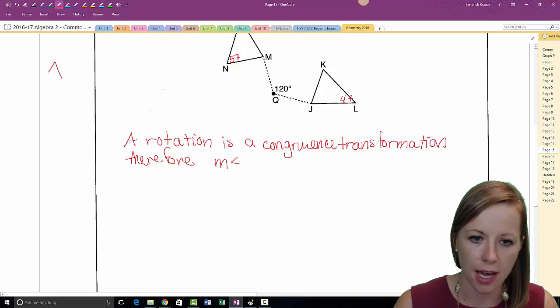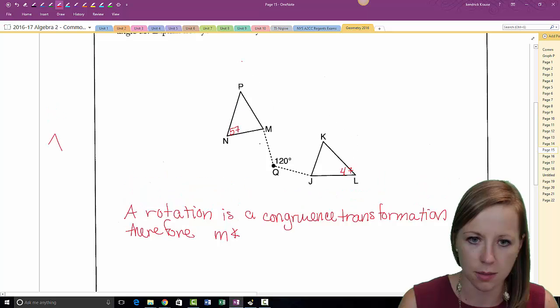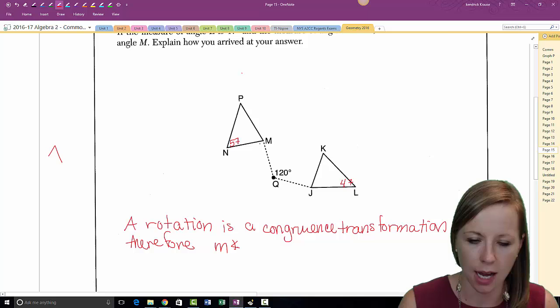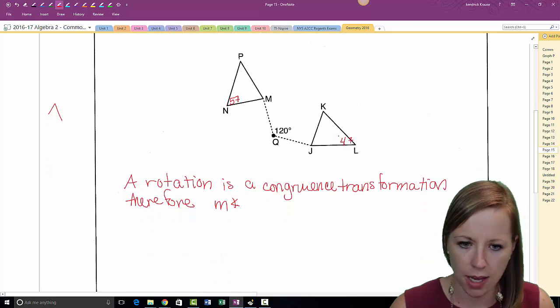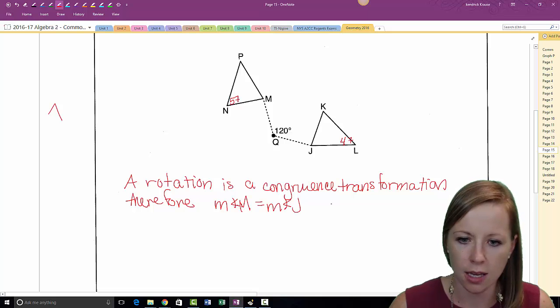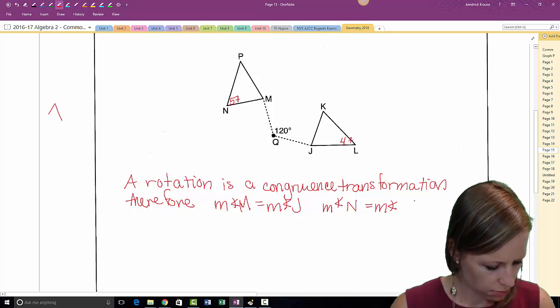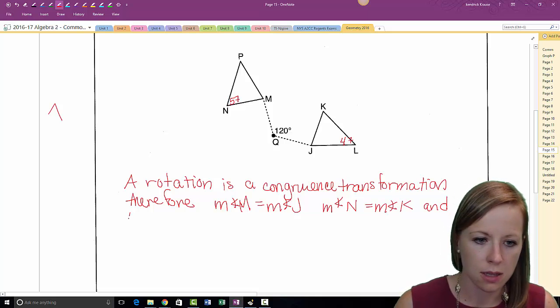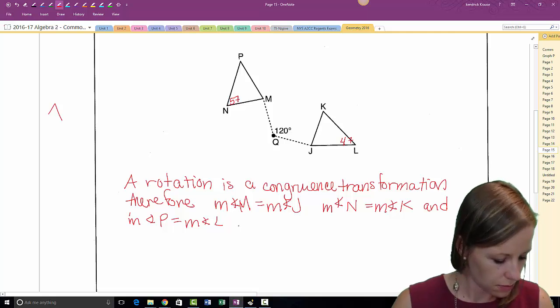The measure of angle, and I've got to see my triangle things up here. Let's see, M matches with J. Measure of angle M is equal to the measure of angle J. The measure of angle N is equal to the measure of angle K. And the measure of angle P is equal to the measure of angle L. Yeah?